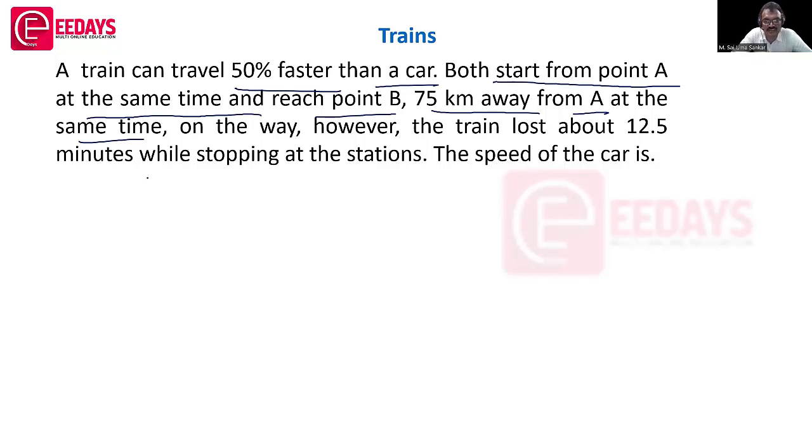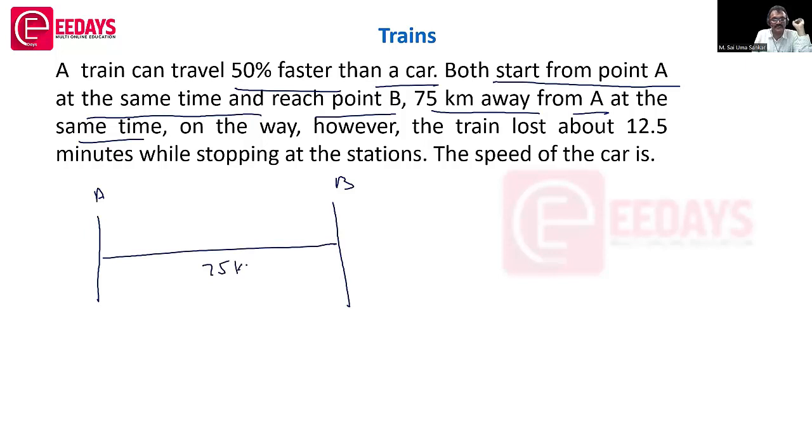The speed of the car, that is the question. A train can travel 50% faster than a car, that means if the car goes at 100 km/h, the train goes at 150 km/h. Both start at the same point A and reach B, which is 75 kilometers away, at the same time.